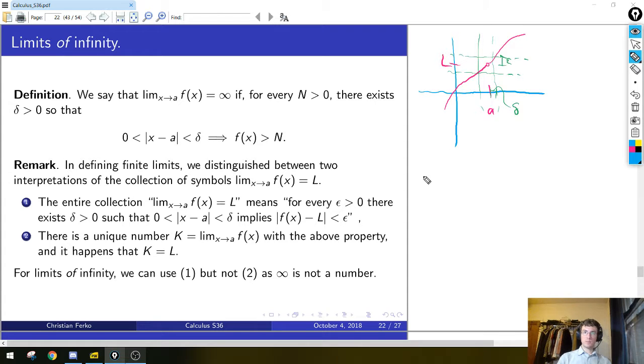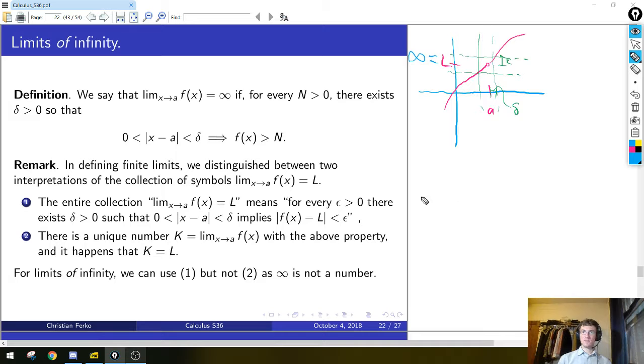Now we have to express a version of this for limits of infinity. Apparently this point L equals infinity. So what does it mean to be close to infinity? If I'm saying you want to get arbitrarily close to infinity, I need some idea of what it means to be within distance epsilon of infinity. That doesn't make a lot of sense.